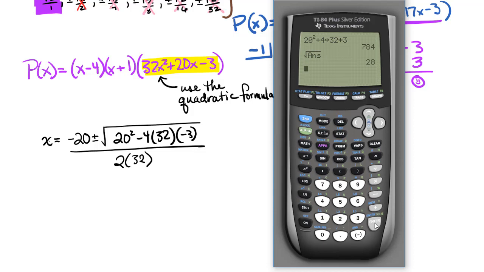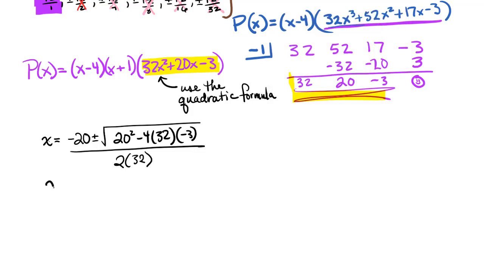So the square root of 20 squared minus 4 times 32 times -3 will just be plus or minus 28 because that is a perfect square. So I will have x is equal to -20 plus or minus 28 all over 64.